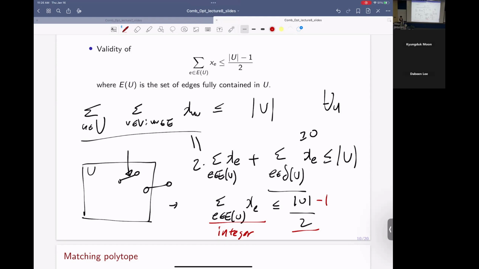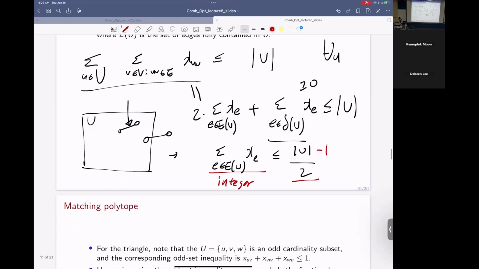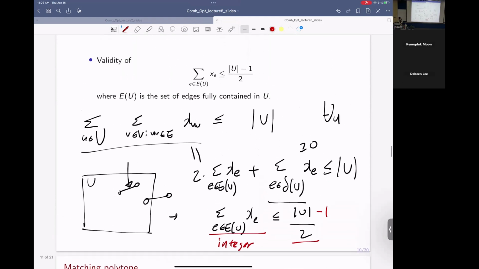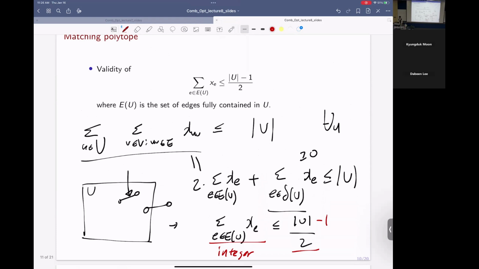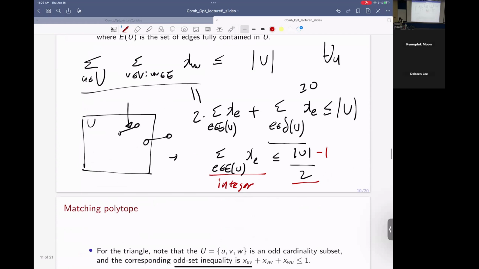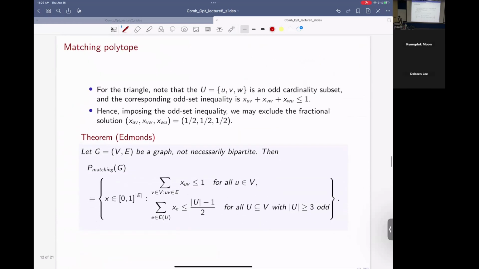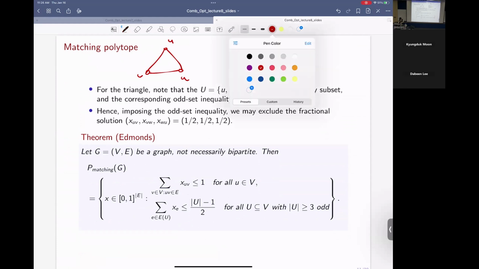Any question? Okay. Great. So in fact, for an example, we get back to this example of the triangle.